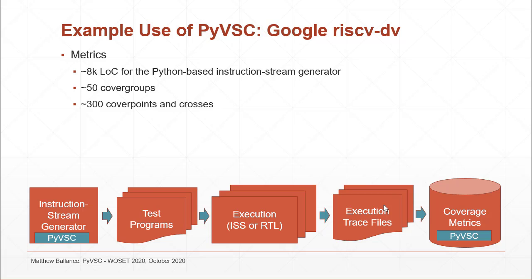It's going to be a mix. In terms of the functional coverage being collected, there are on the order of 50 cover groups containing an aggregate of 300 cover points and crosses. So the description here is relatively sizable already, which should give you a sense of the capacity and complexity that PyVSC can handle.